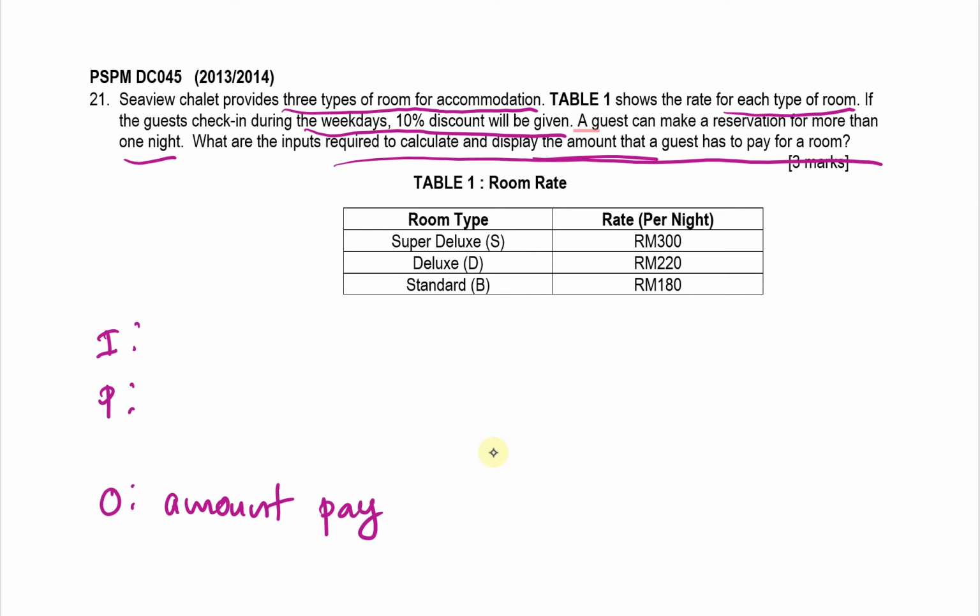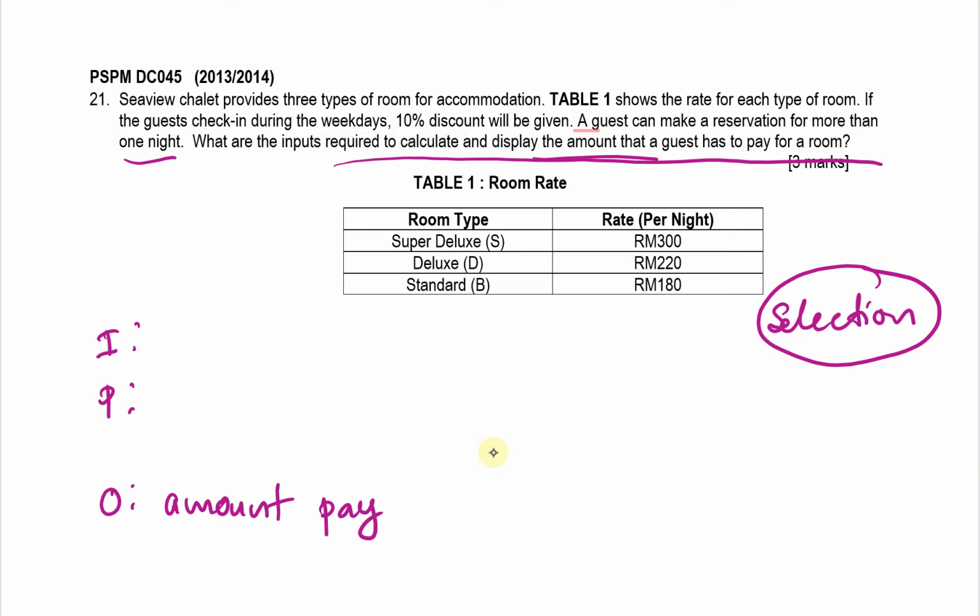Okay, now this one, what is the control structure here? So of course this one is a selection control structure, right? Selection. Okay, why? Because here the question mentioned that you can make a reservation for more than one night. And also the question mentioned the rate for each type of room if the guest checks in during the weekdays.